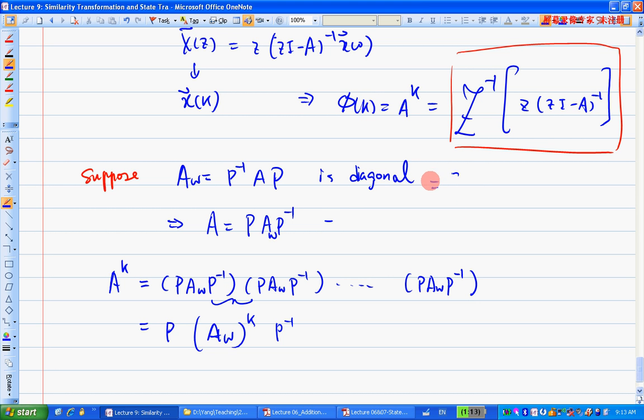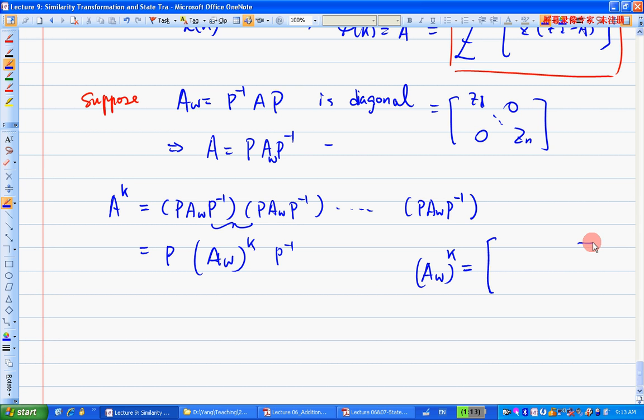AW is diagonal, and it is this. The k power of this diagonal, there's nothing simpler than that. So this is another way of computing A to the power of k. So this is easy to compute.